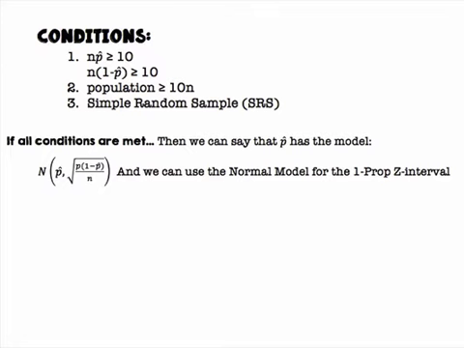If all conditions are met, then we can say that p hat has a normal model with a mean of p hat and a standard deviation of the square root of p hat times 1 minus p hat over n. And we can use the normal model for a 1 proportion Z interval. So that's what we're doing.